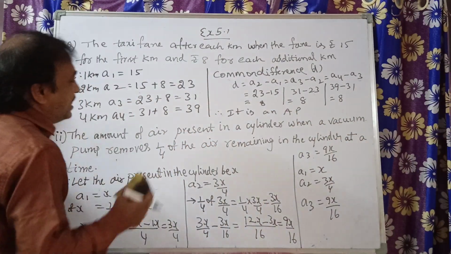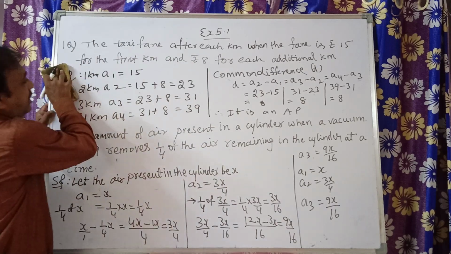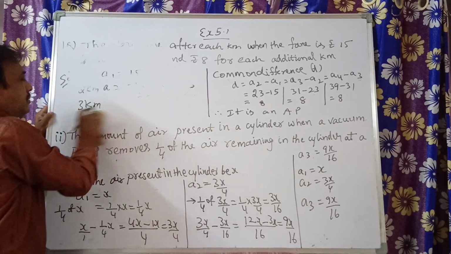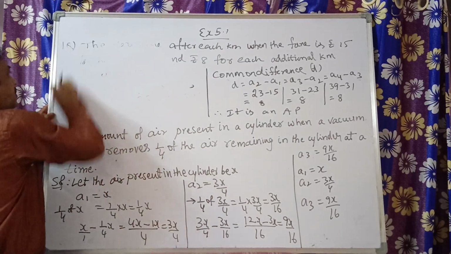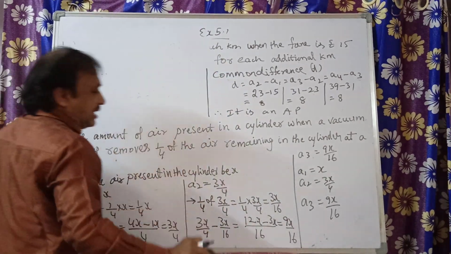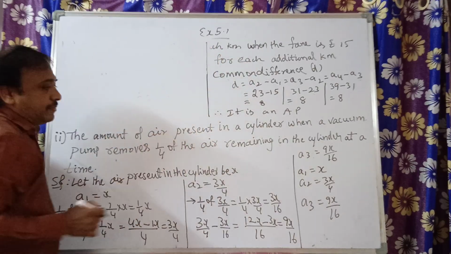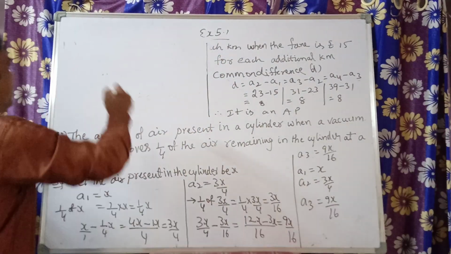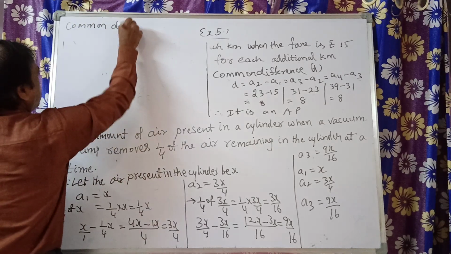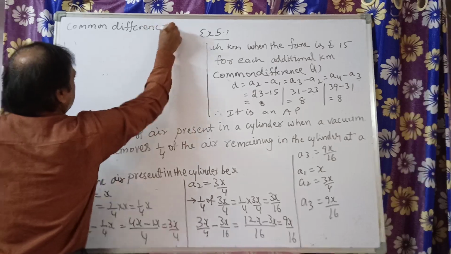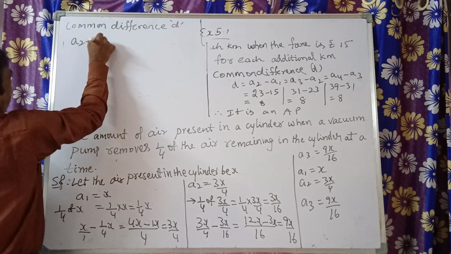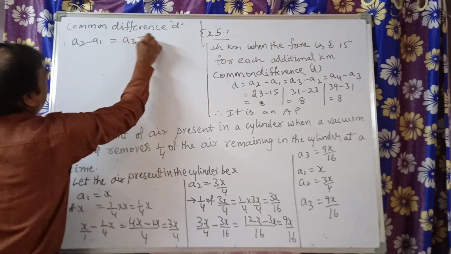Now analyzing this part, the taxi fare, this one. I'm just writing over here. Look at this. So how to find the common difference? D is equal to A2 minus A1, which should be equal to A3 minus A2.